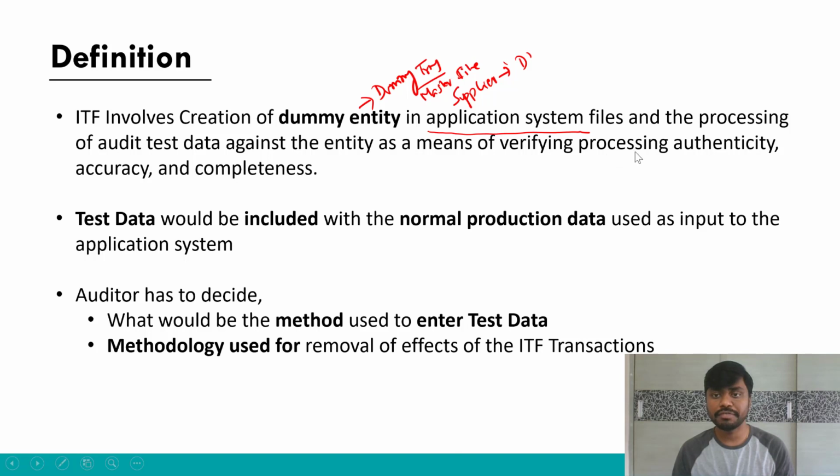By means of verifying processing authenticity, accuracy and completeness. I know what the output should be. When I give input to the system, if the system works as I expected, the output from the system also matches my expected result. So this is what an ITF does.